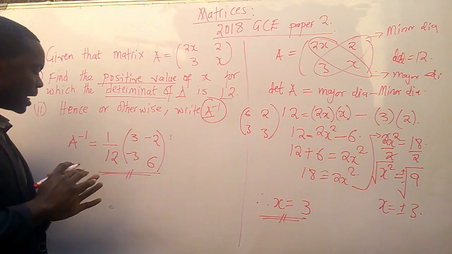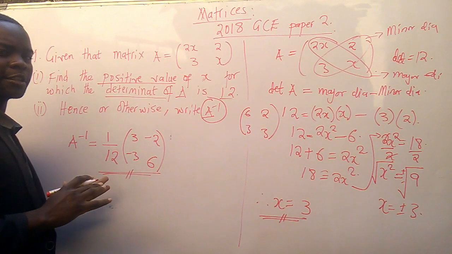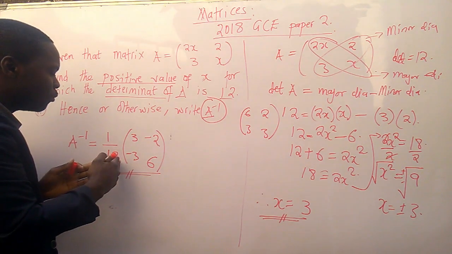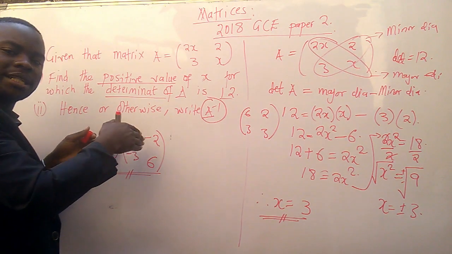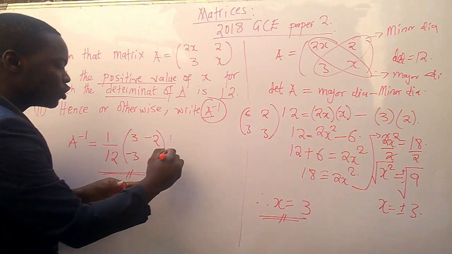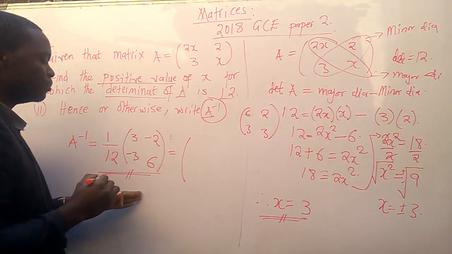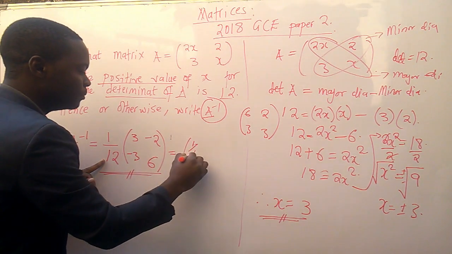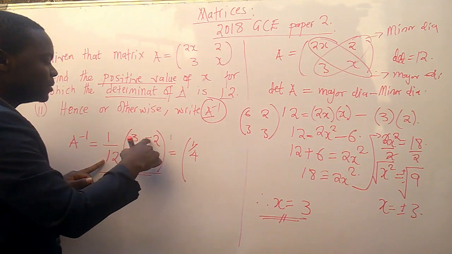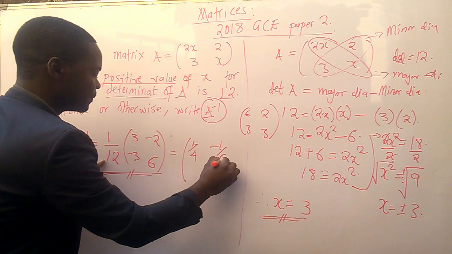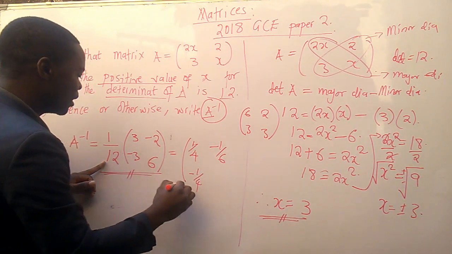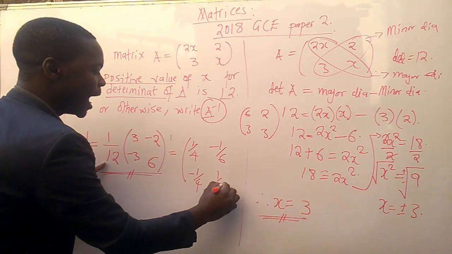So this is your inverse. As simple as that. Very simple question. But if you want, you can multiply 1 over 12 with whatever element or number in your matrix. So this is going to be 1 over 12 times 3 is 1 over 4. 1 over 12 times negative 2 is negative 1 over 6. 1 over 12 times negative 3 is negative 1 over 4. 1 over 12 times 6 is a half.